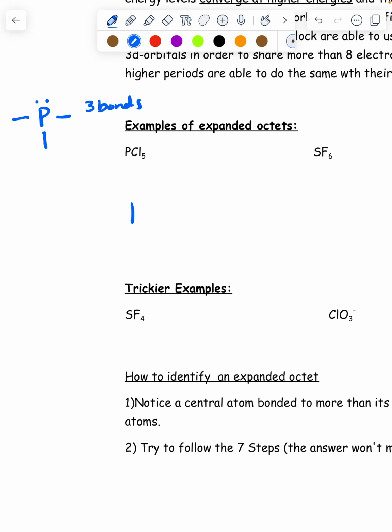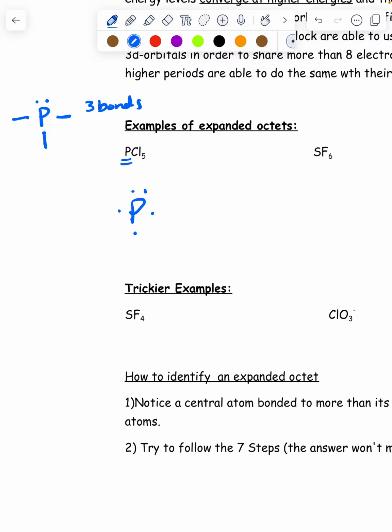So if we're trying to draw an expanded octet for PCl5, my normal approach, or my recommendation, is draw the central atom, and it's pretty clear P phosphorus is the central atom here because there's only one of it. And chlorine, as having 7 valence electrons, is more likely to make just 1 bond, so I'm assuming those are around the outside.